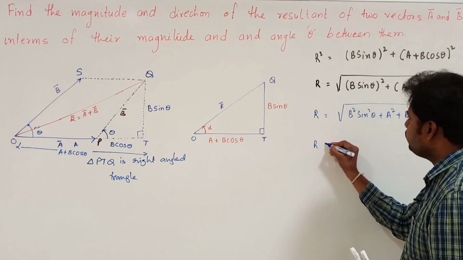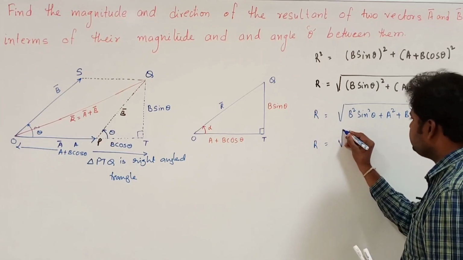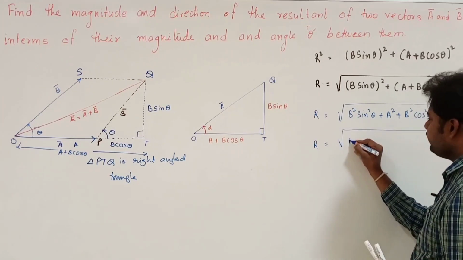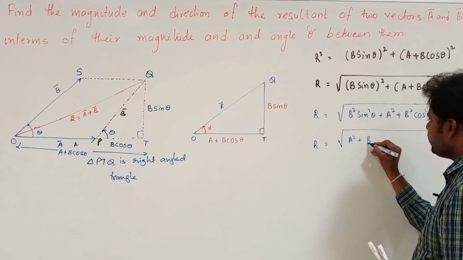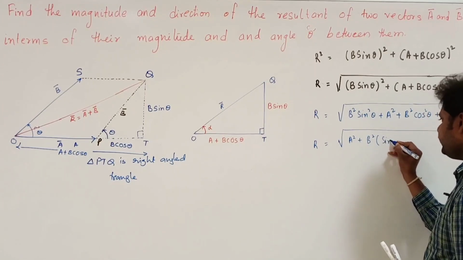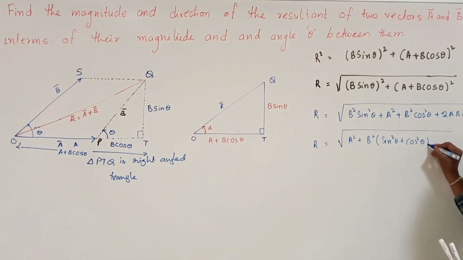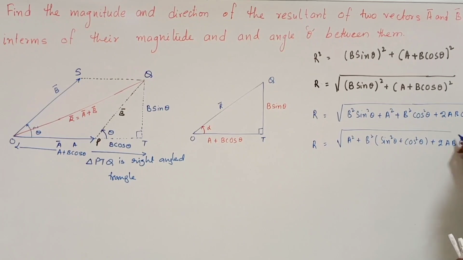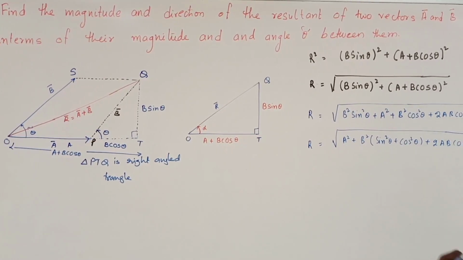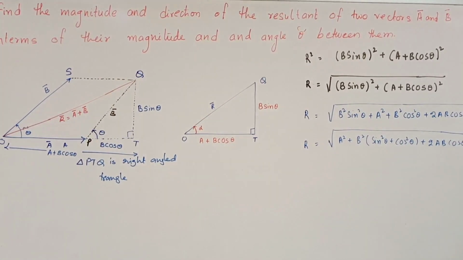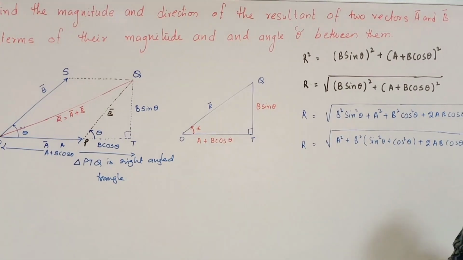So, R is equal to, writing A square first and taking B square common, you will get sin square theta plus cos square theta plus 2AB cos theta. You know very well, sin square theta plus cos square theta is equal to 1.